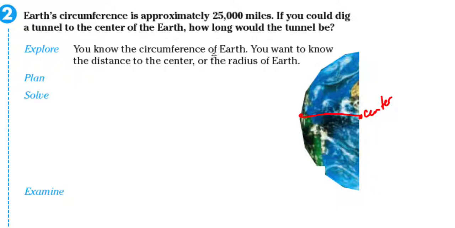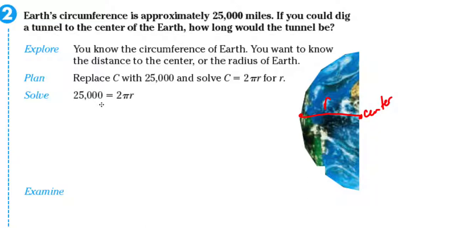So what do we know? You know the circumference of the Earth. You want to know the distance to the center, or the radius. So in this case, we're looking for the radius. We plan by replacing C with 25,000 and solving C equals 2 pi r. Again, why did we use the formula 2 pi r? Because you are looking for the radius. So we have 25,000 equals 2 pi r, and we want to solve for the radius.